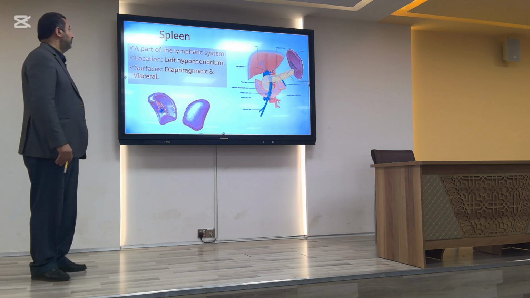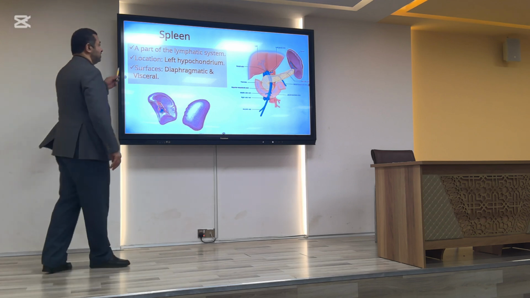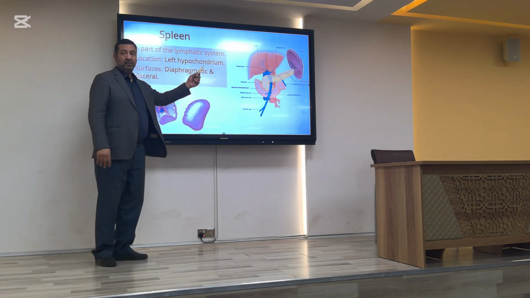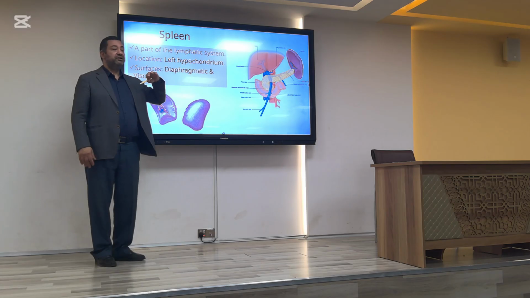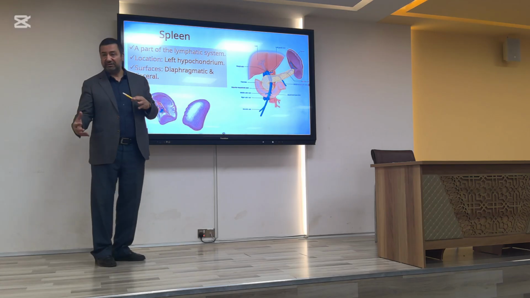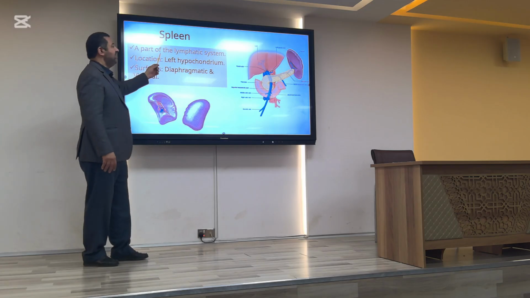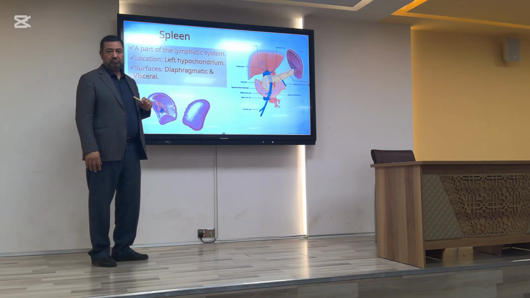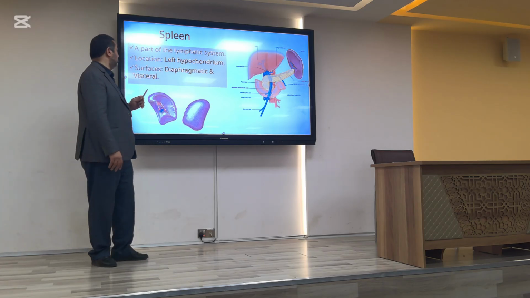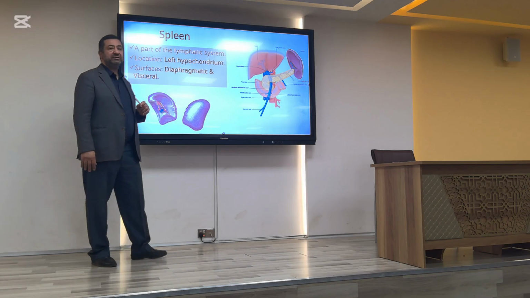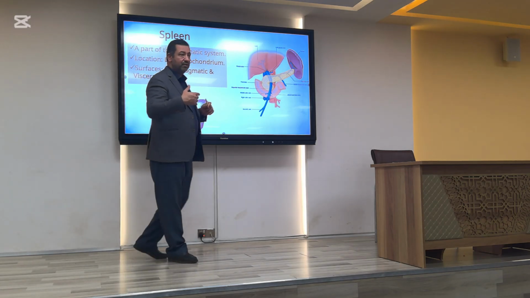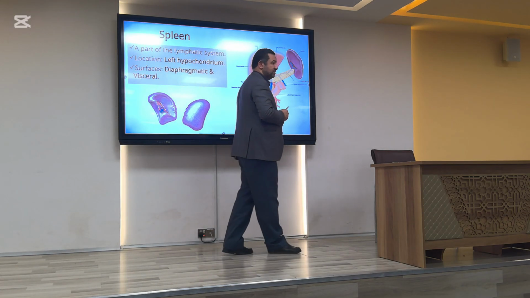The spleen is a part of the lymphatic system, but it has a near relationship with the digestive system. Its location is in the left hypochondrium, and it has two surfaces. I told you, it has two surfaces.